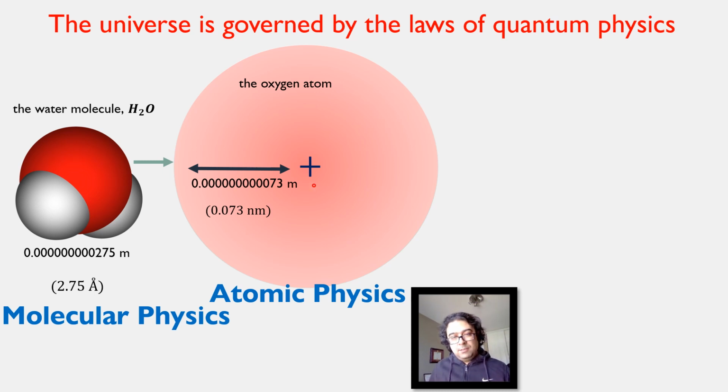Now, the distance between the nucleus of an atom and the electron cloud is very large relative to the size of the nucleus itself. What do I mean by that? First, let me give you the scale.